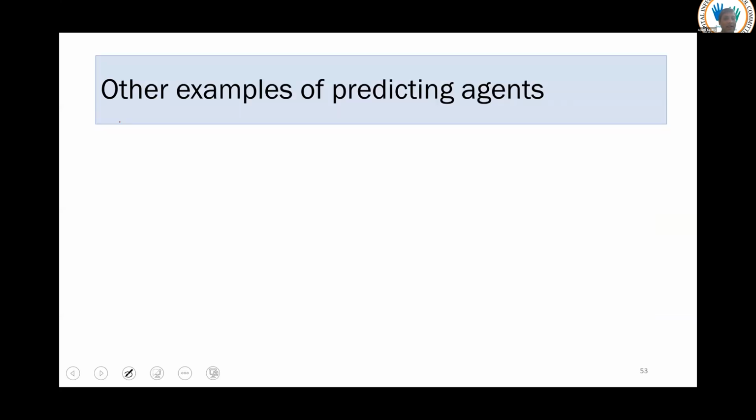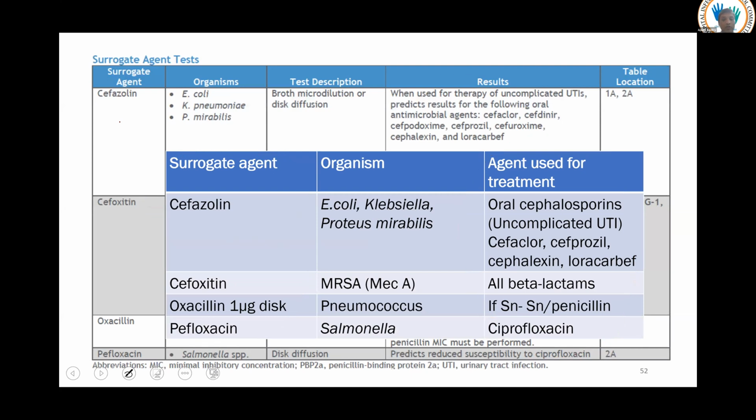Even in the previous slide also, the footnote should come when you test cefoxitin and you are reporting oxacillin as sensitive or oxacillin as resistant. So when you are reporting oxacillin sensitive, a footnote should come that for all beta lactams, the result can be extrapolated and given for treatment.